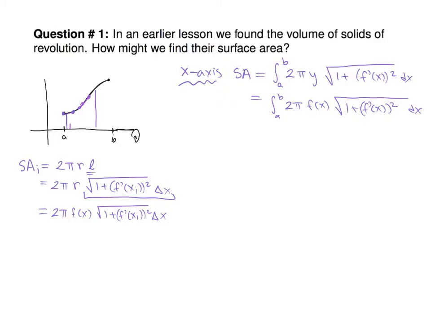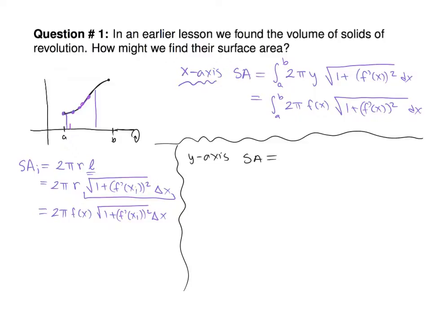Is that all right? Can you use this to derive the formula for the surface area of a sphere? Yes, definitely. What would change if we did the y-axis? You could go from C to D, say, right? And now your distance out is going to be x.